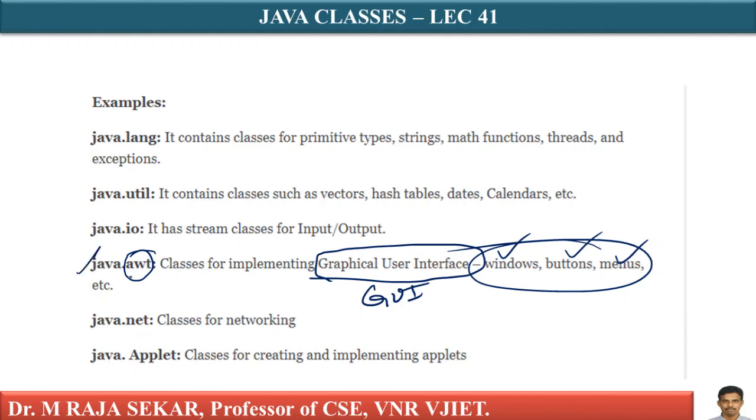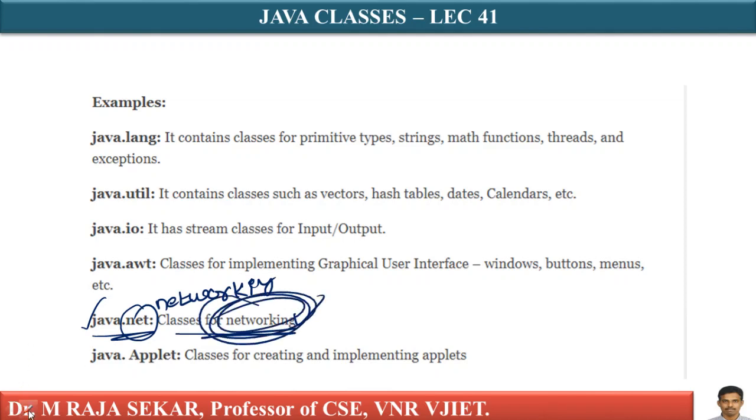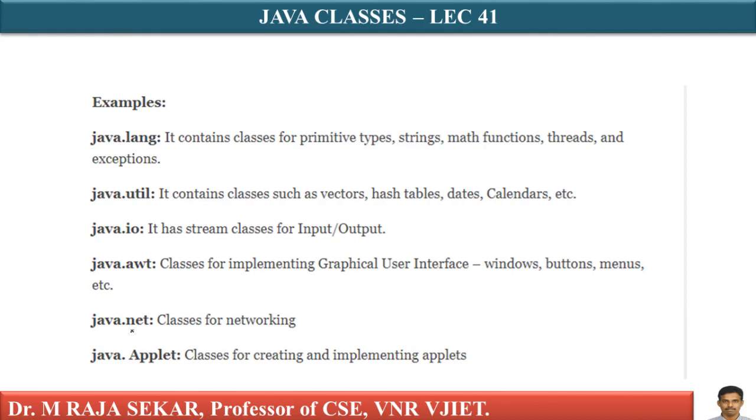Java is a folder in which I have one more folder, AWT, where I can find classes related to graphical user interface. In a similar manner, java.net: net means networking. You can write networking programs using these classes. We will try to understand how to make use of this package.